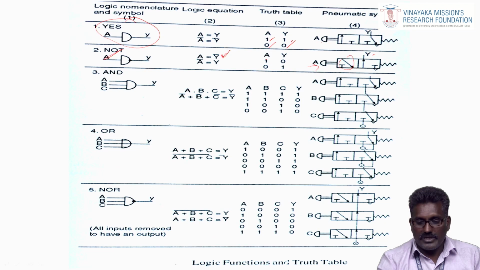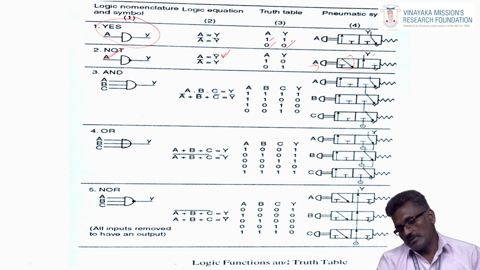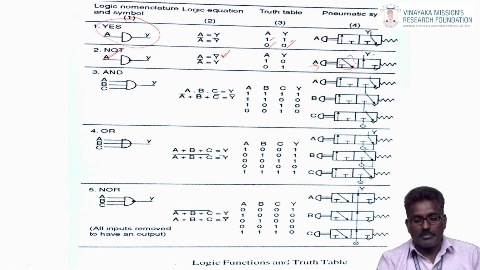So if you give any signal, the output is not there. If you do not give any signal, the output is there. So normally closed switches are designed in this manner.